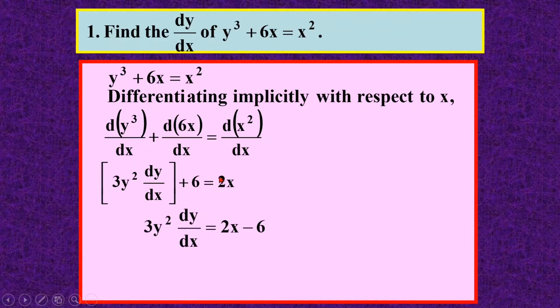So I will move the 6 over, and then I will bring 3y squared to the right hand side. So I will divide all by 3y squared. So that's my answer. Just bear in mind, every time we differentiate a y, there is a dy/dx beside it.